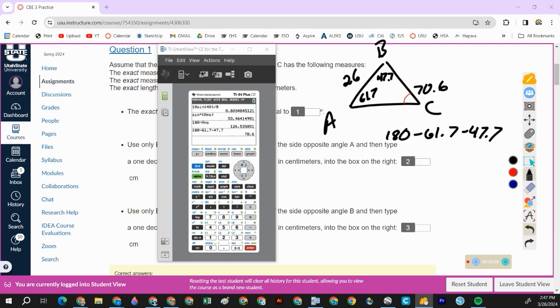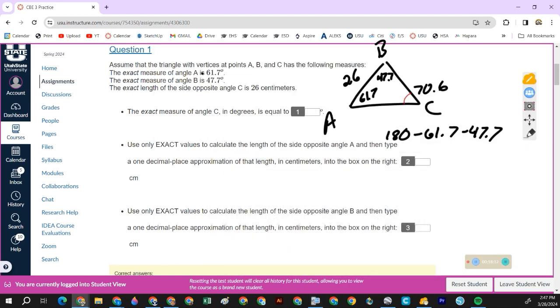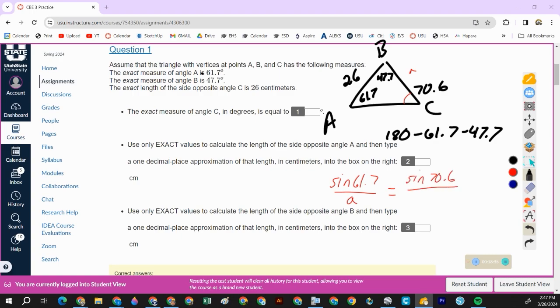Okay. And now it wants us to find the length of side opposite A. So this one right here. So the sine of 61.7 over A is equal to sine of 70.6 over 26.